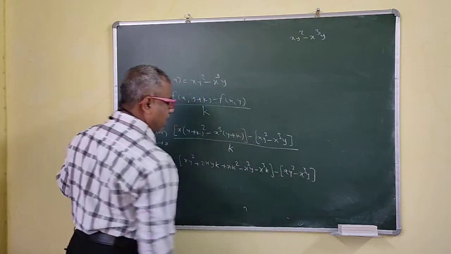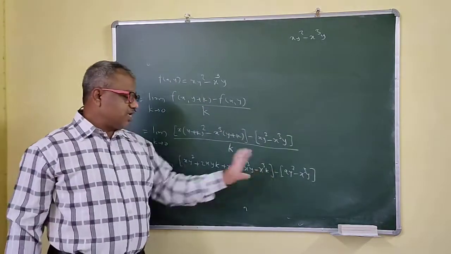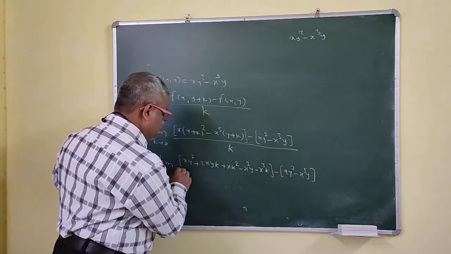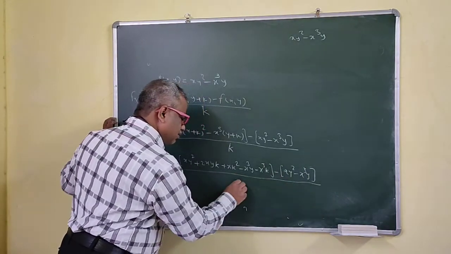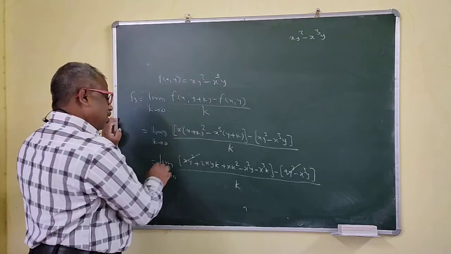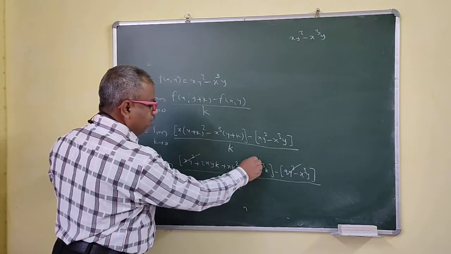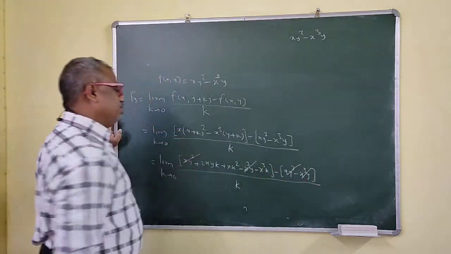Keep this bracket as it is. Now see, the terms not containing k: xy square is here, right? So this gets cancelled, this gets cancelled. This is the term not containing k, so it gets cancelled now, right?